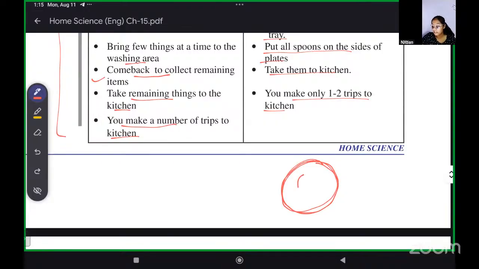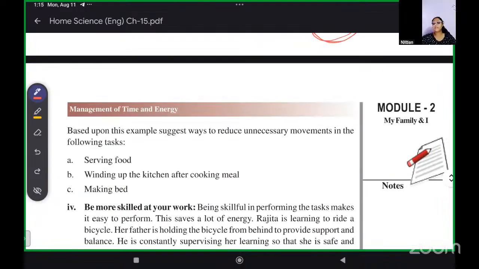Then you place all the small plates on top of it. Then on top of it you place the spoons. The bowls also, if they're empty, you can place another one inside it. And then carry it easily. You can place the plates on top of the bowls and carry them in one go, to avoid all the movement.